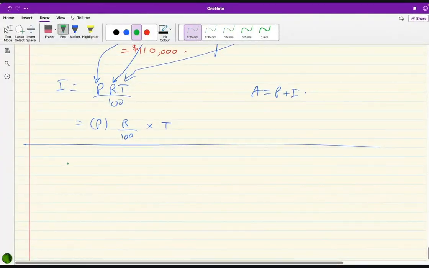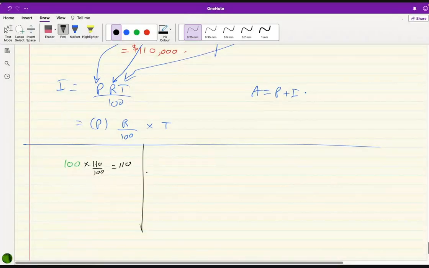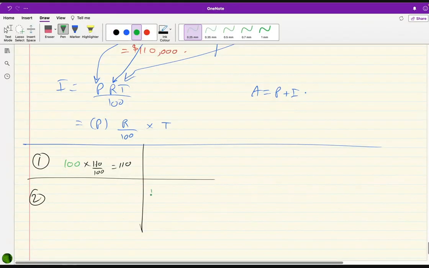let's say we owe a bank 100 rupees, and the bank says that it will charge 10% per year. So, 10% per year would make it 110 over 100, and now we have to pay 110. And if we did not pay back in the first year, in the second year we actually owe this much amount to the bank. And now we have to pay 10% on this amount.